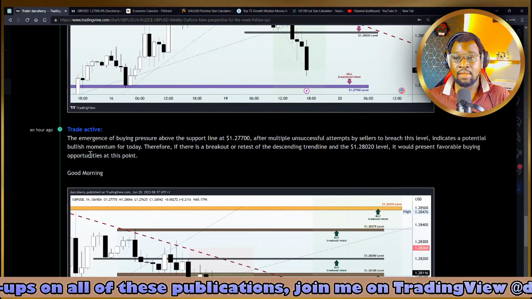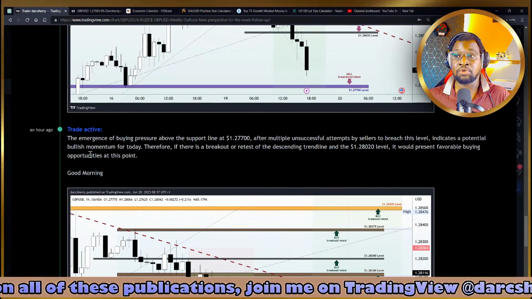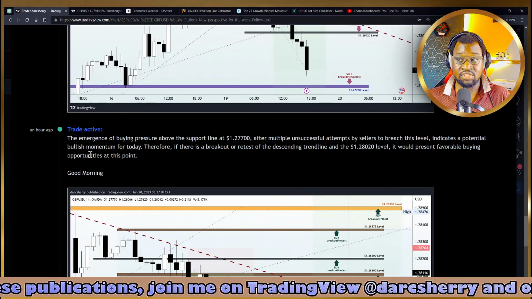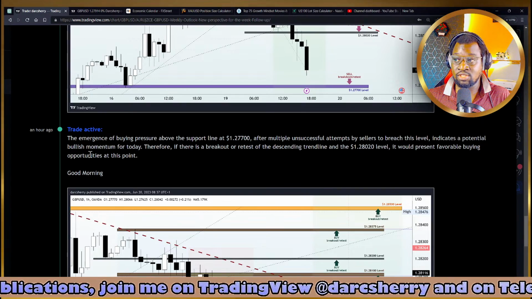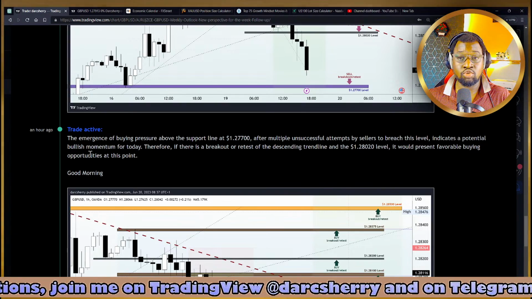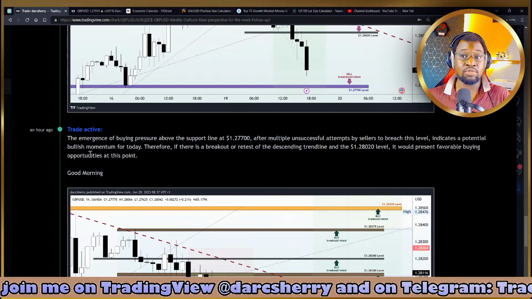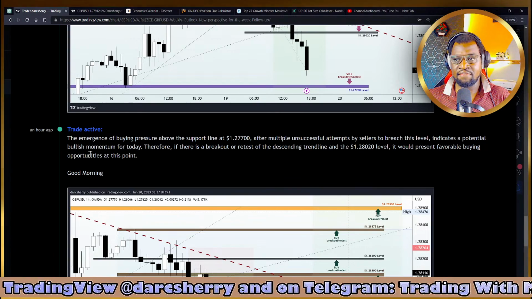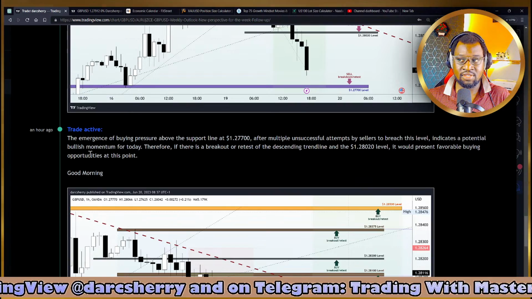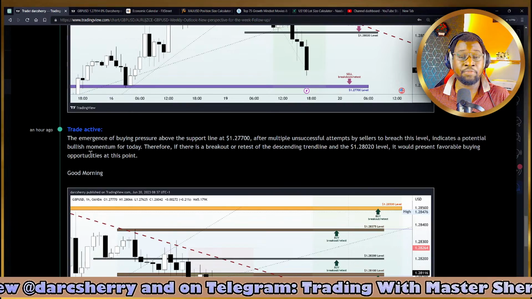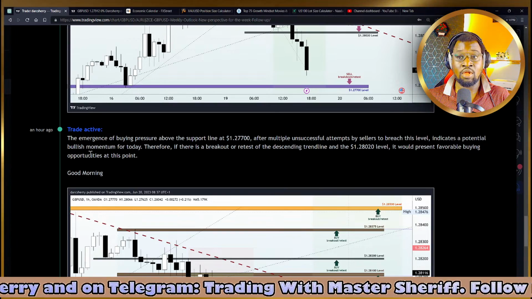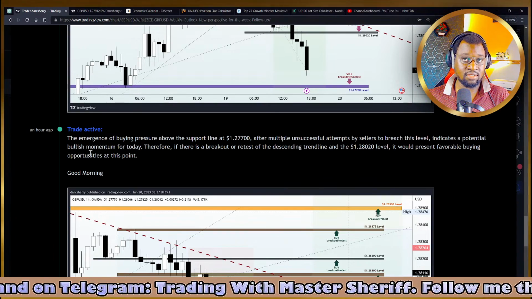So I said here, the emergence of buying pressure above the support line at the 1.2770 after multiple unsuccessful attempts by the sellers to breach this level indicates a potential bullish momentum for today. Therefore, if there is a breakout or retest of the descending trend line and the 1.28020 level, it will present a favorable buying opportunity at this point.